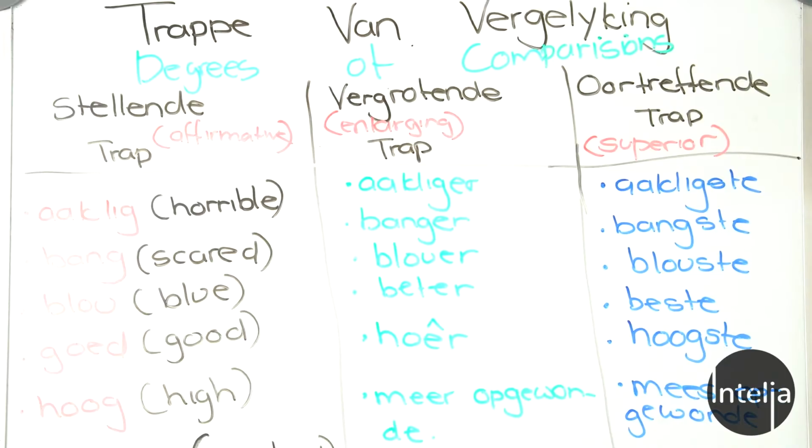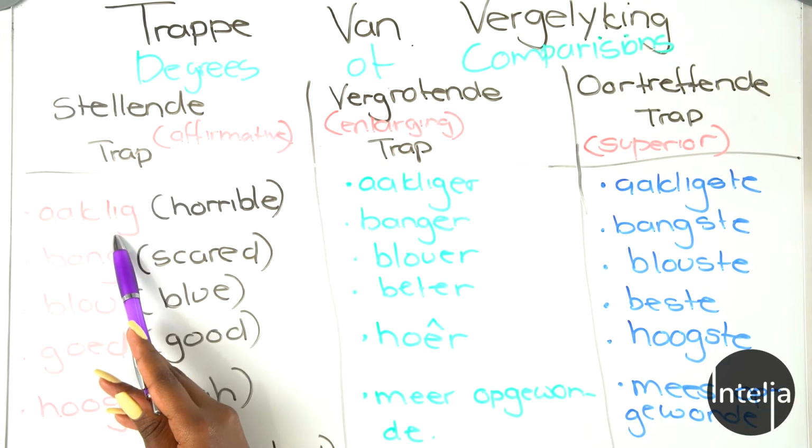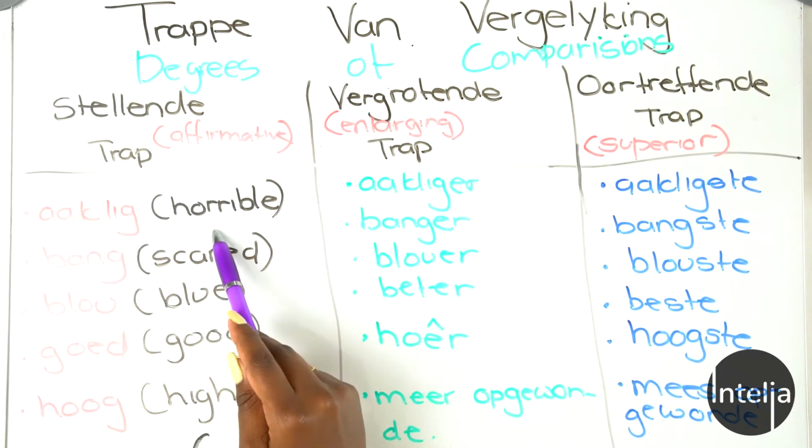So in this explanation, I have one word that's an exception and two sets of words that have different forms of exceptions. There are words that you can't necessarily add the degree of comparison to because it wouldn't make sense. But we'll get to that when we get to that. So, our first word is aklig, which means horrible.